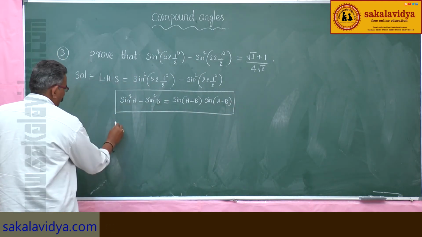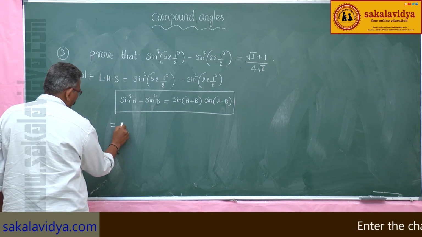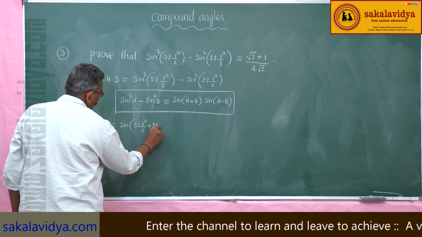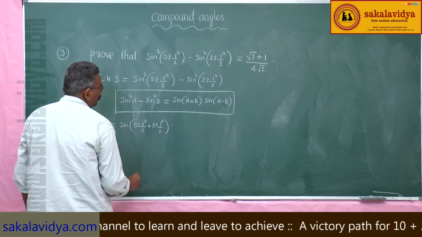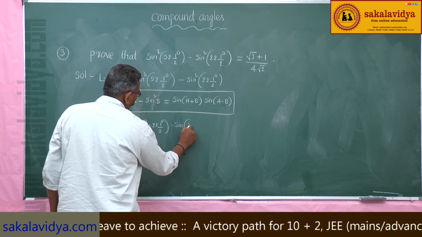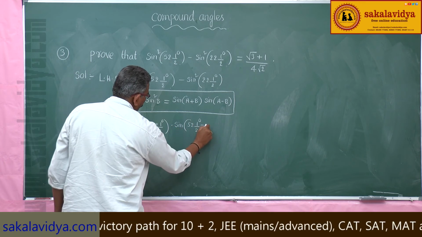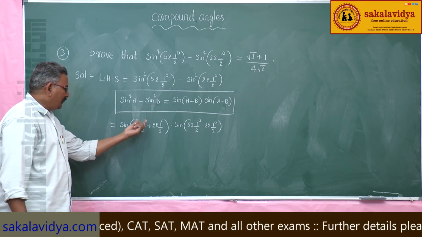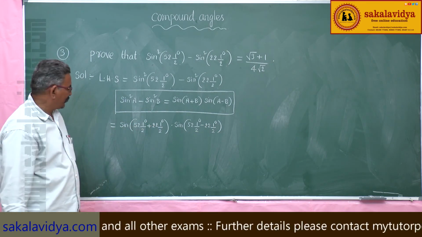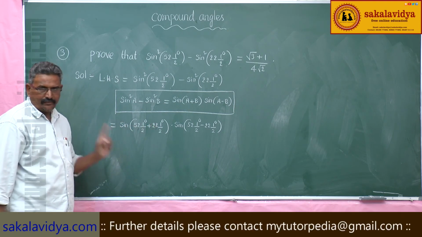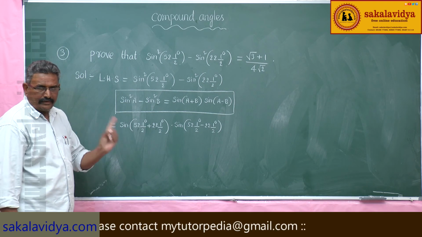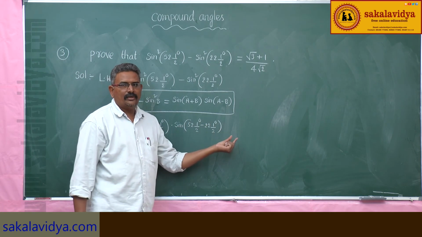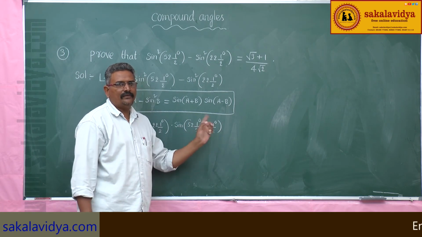Now, here sin of A plus B means sin of 52.5 degrees plus 22.5 degrees into sin of 52.5 degrees minus 22.5 degrees. 52.5 plus 22.5, how much? 52 plus 22 is 74, half plus half is 1, 74 plus 1 is 75 degrees. 52.5 minus 22.5, 52 minus 22 is 30, half gets cancelled.